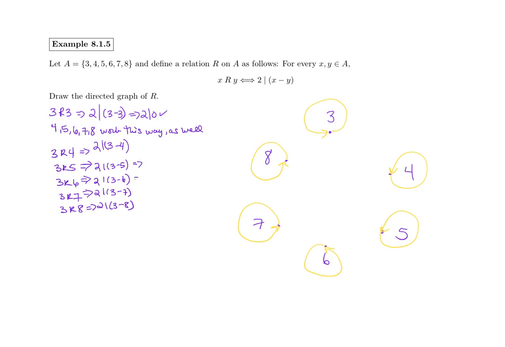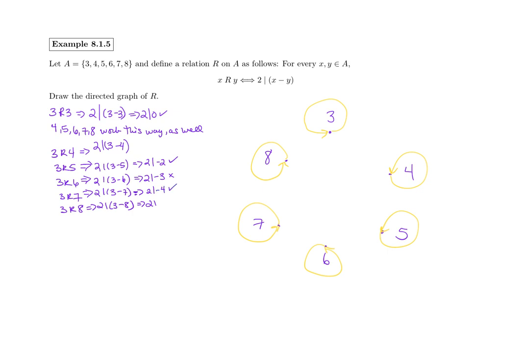And what that means for each one is, let's see, 3 minus 5 is negative 2. So that works. 3 minus 6 is negative 3. Not going to work. It's not a multiple of 2. 3 minus 7 is negative 4.